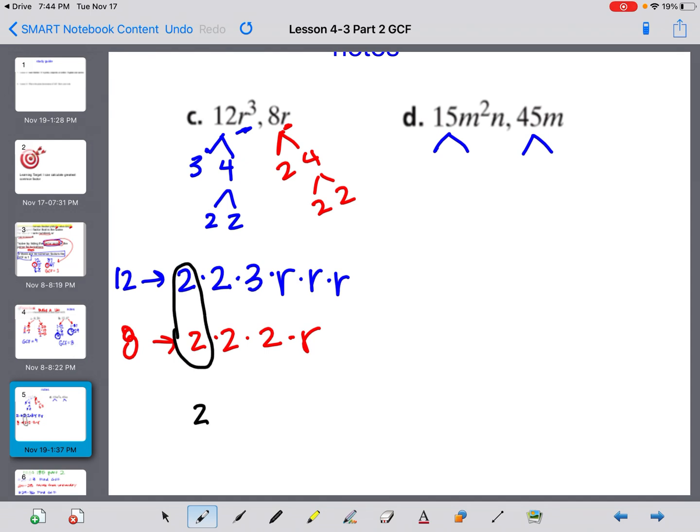So I see a 2 that they have in common. I see another 2 that they have in common. And I see an R that they have in common.